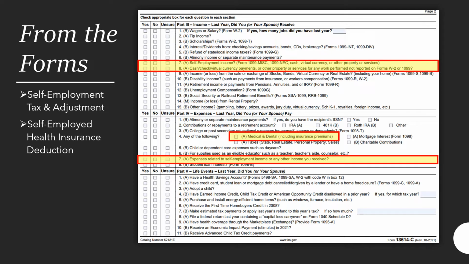So our self-employment tax and adjustment and our self-employed health insurance deduction occur on returns where we will have a Schedule C, which again we just covered in our business income lesson.